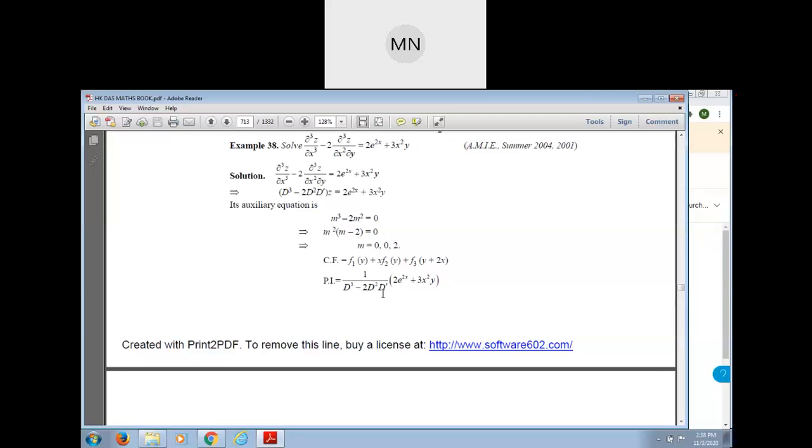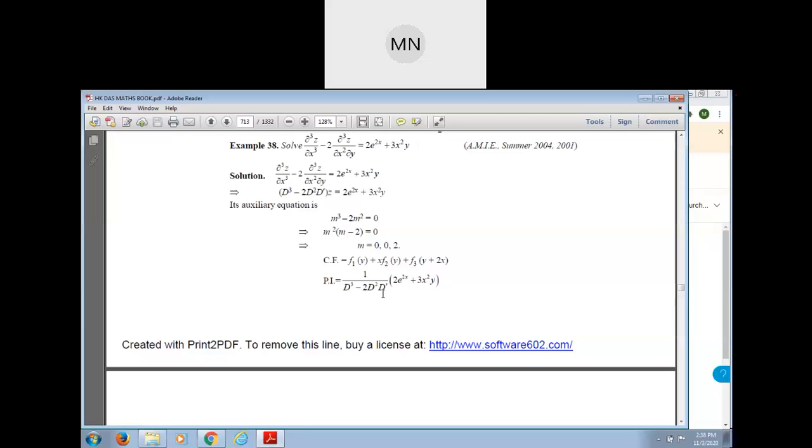In the second part, it is of the form x power m, y power m. Yesterday I discussed some problems in the form of x power m and y power m. Use the same technique and try to solve to find PI for that part.